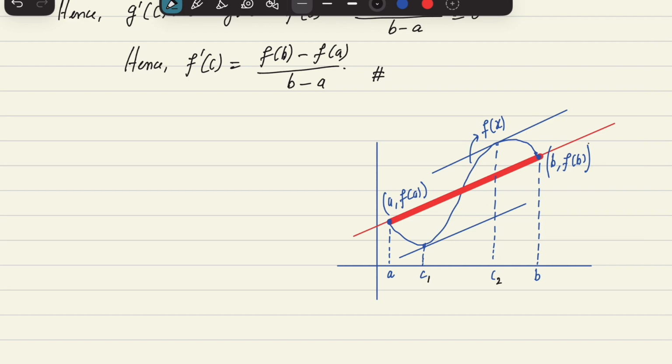Now if we look at this red line here, this red line is a secant joining the points a, f of a and b, f of b.